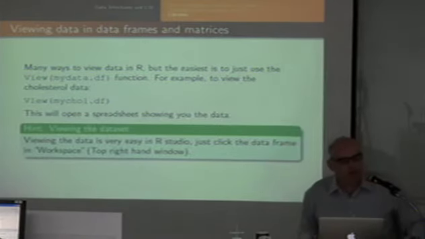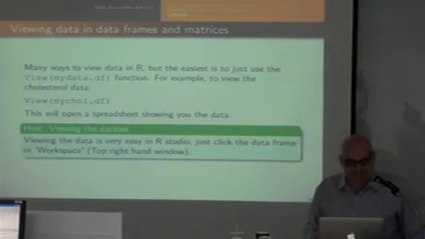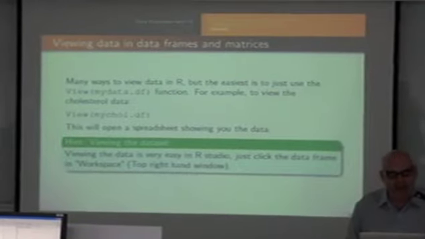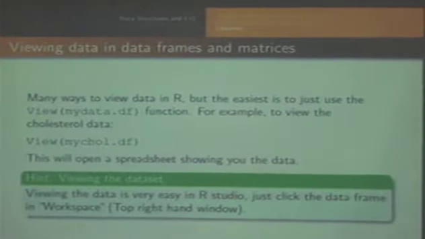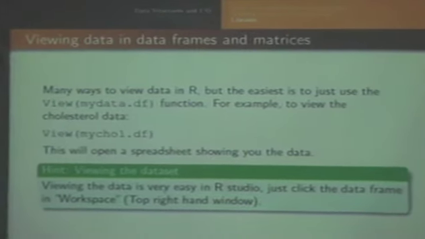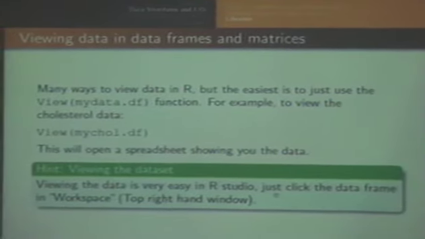Okay, so once I've got data into memory, how do I actually have a look at it? I can use syntax to do that, or I could just click that in RStudio. Okay, and again, I suppose the best way of showing you how to do this, I might run something very quickly.